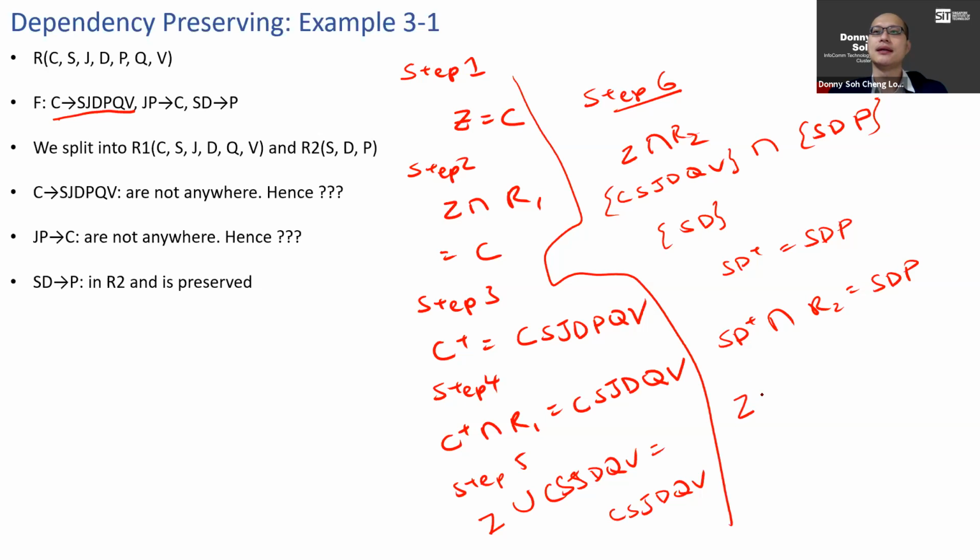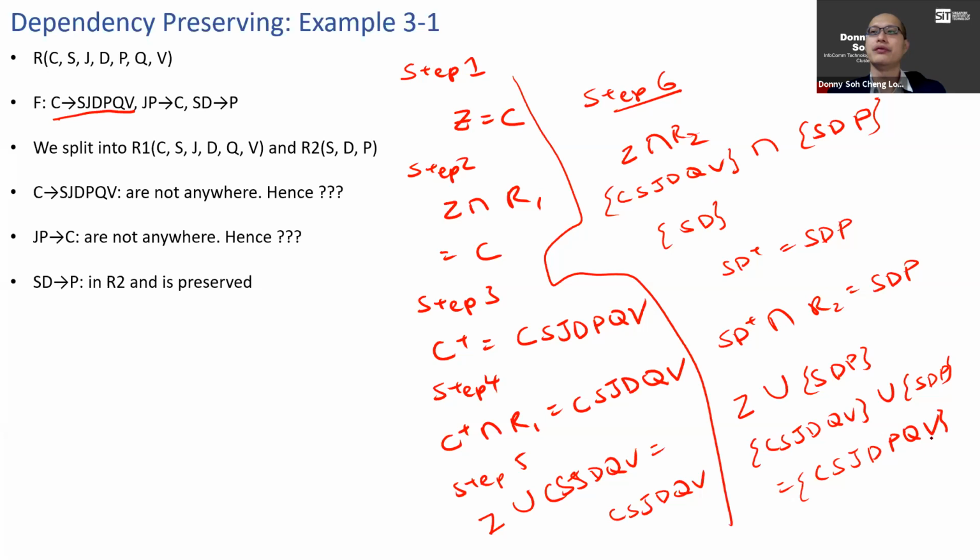And I Z union with SDP, and this will give me CSJDQV union with SDP, and this will give me CSJDPQV. And so at this point, we can conclude that the right hand side contains the functional dependency, and so this is preserved.